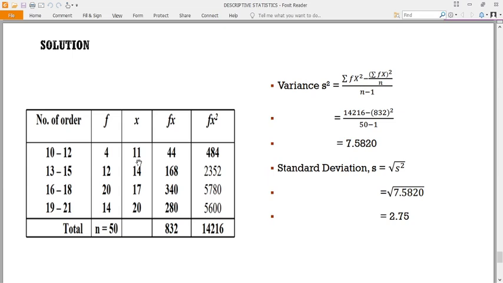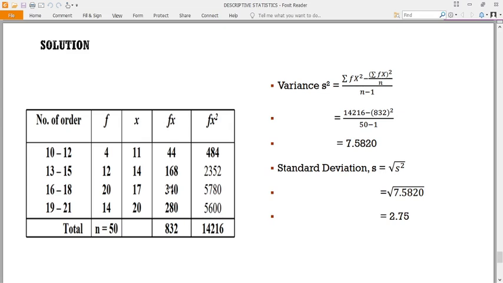Then the next term, x is 14, so 14 squared gives us 196, then 196 times 12, giving us 2,352. Please, these two are different. Here, we first square x, then multiply that square by f. So this will be the summation f of x squared, which is this one. But here, it is summation f of x.